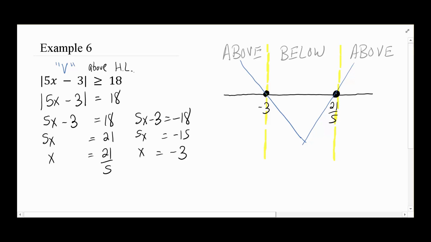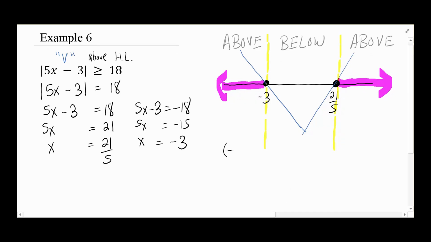So I want to know when is the V above the horizontal line? Well, in a couple places, actually. It's above over there. It's above over there. So in terms of interval notation, that tells me from negative infinity to negative 3, as well as 21/5 up to infinity.